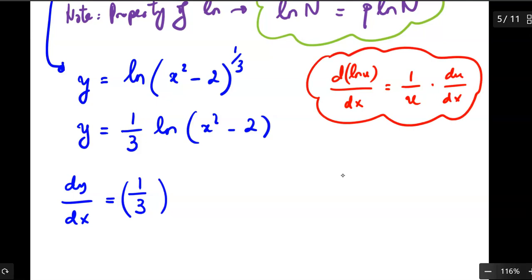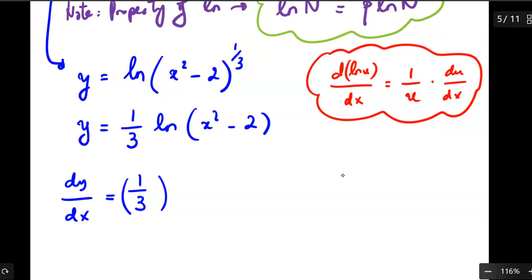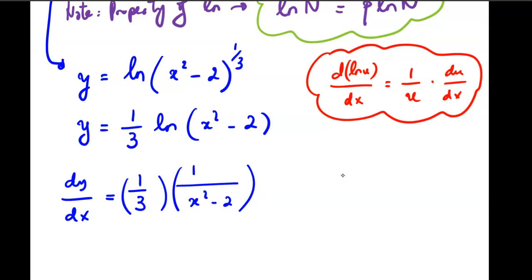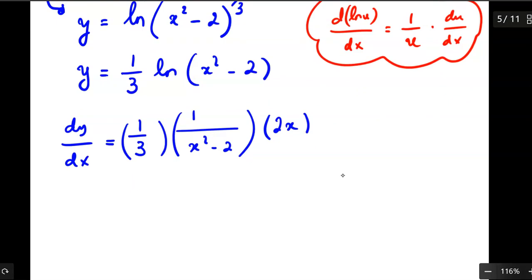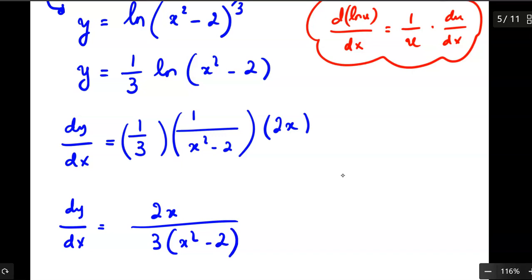So 1/3 times 1 over x squared minus 2, and then I multiply by the derivative of u, which in this case is just 2x. Then all I have to do is simplify my answer and write it as 2x divided by 3 times x squared minus 2.